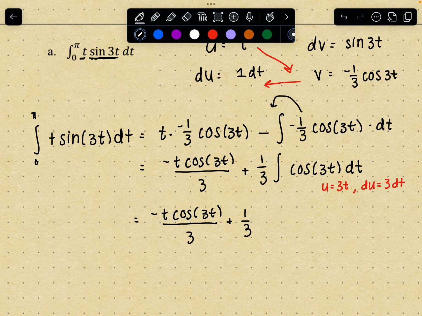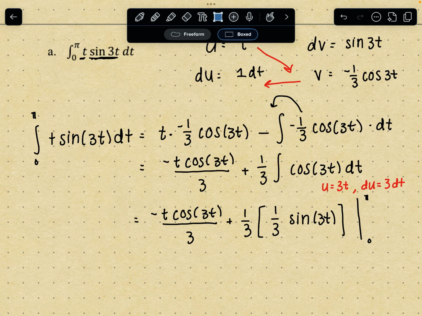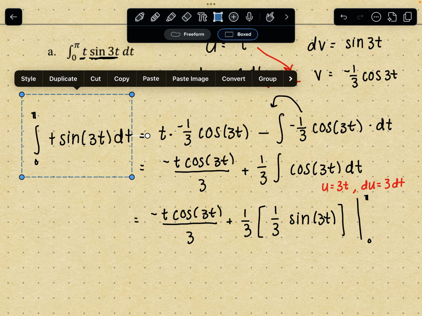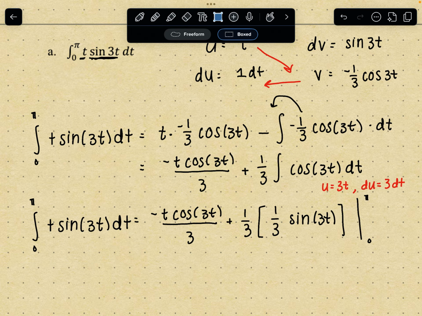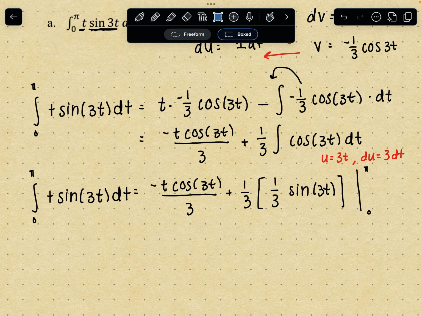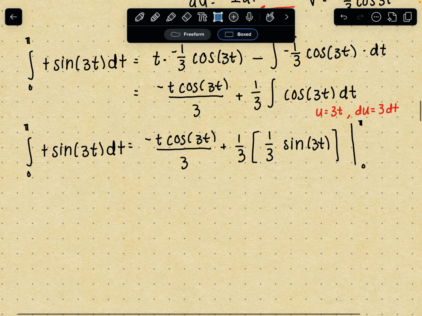So this integral is 1/3 sine 3t. And then we need to evaluate this from 0 to pi, because remember, it's this integral. Now we have our antiderivative and we're ready to plug in our terms.